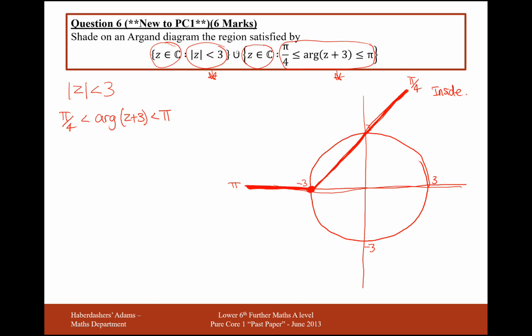So, given that we're looking for the union of these two areas, I'm looking for any area that is inside my circle and has an argument around from pi by 4 to pi. The only area that satisfies both of those inequalities is this area here. That's the area you're looking for in this question. Easy, 6 marks.